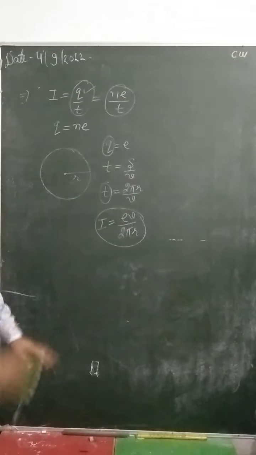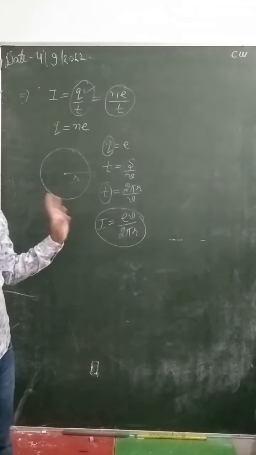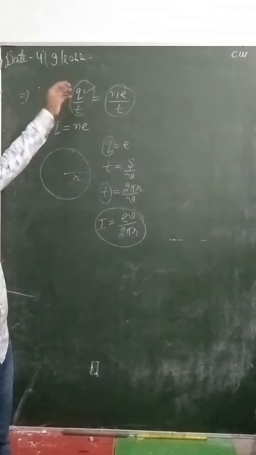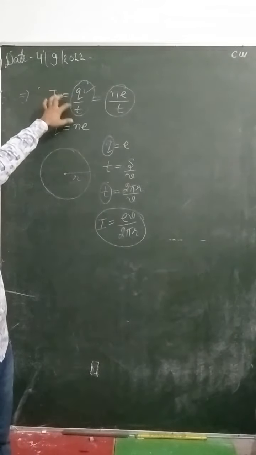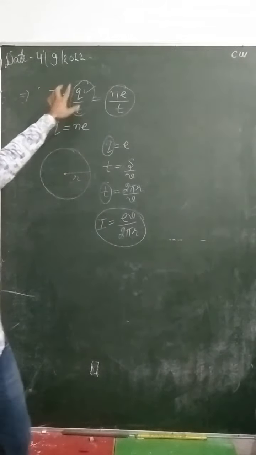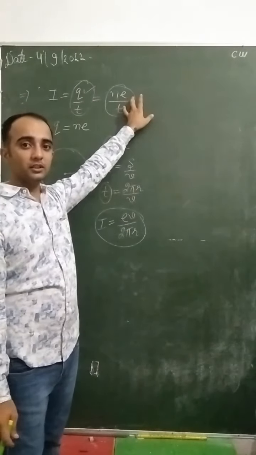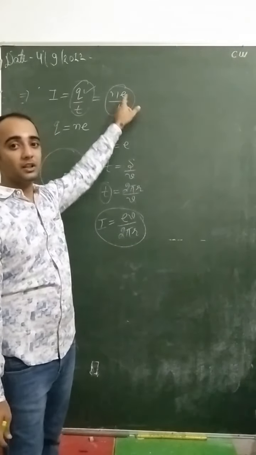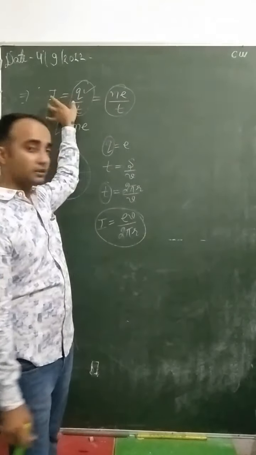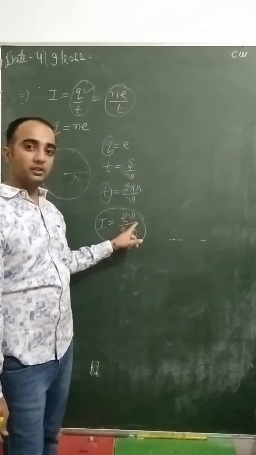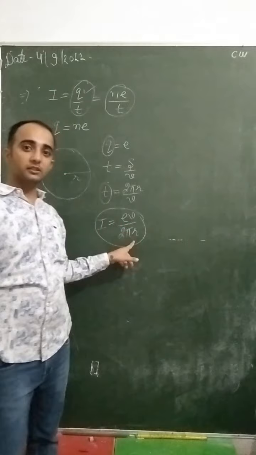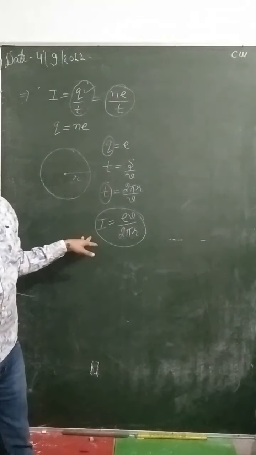Clear? These relations we have to use for numericals. Suppose charge and time are given, then you can directly find the current from this relation. If the number of electrons is given, then multiply by E and divide by time t, and you will get electric current. If speed and radius of the circular path are given, then you can use this relation.